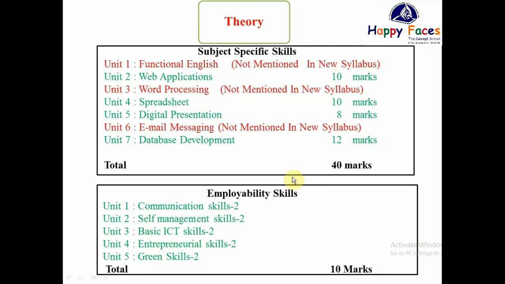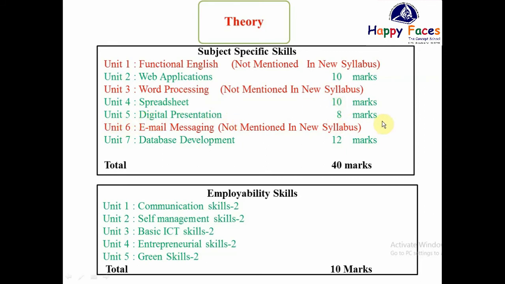In your book there are a total of 7 units, but the good news is that unit 1 functional English, unit 3 word processing and unit 6 email messaging are not mentioned in the new syllabus, which means they are not part of our new syllabus. Unit 2 web application is for 10 marks, unit 4 spreadsheet is for 10 marks, unit 5 digital presentation is for 8 marks and unit 7 database development is for 12 marks.